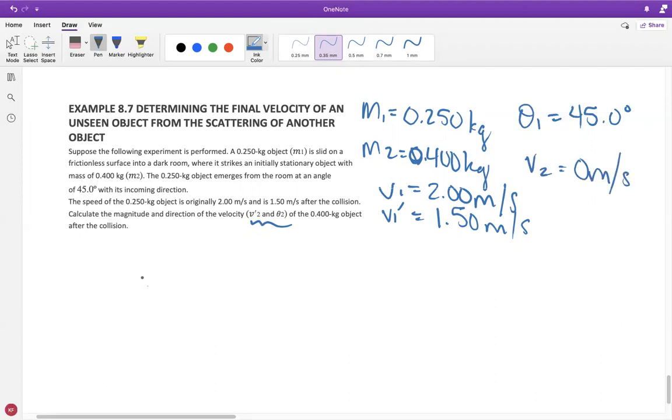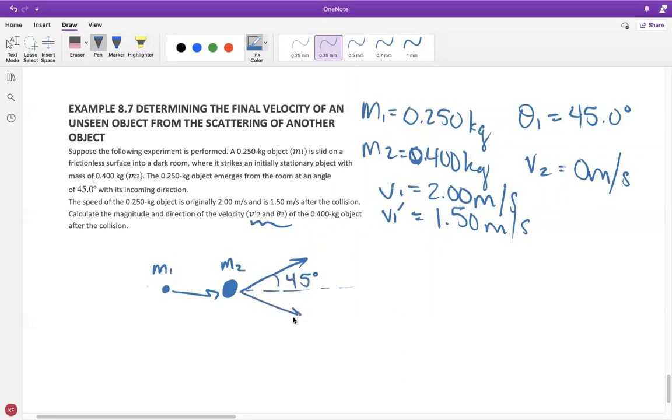So let's go ahead and picture this for a second. We have our first object, M1, that collides with our second object, M2. And then M1 goes off, I should make that a little more accurate, at about a 45-degree angle.